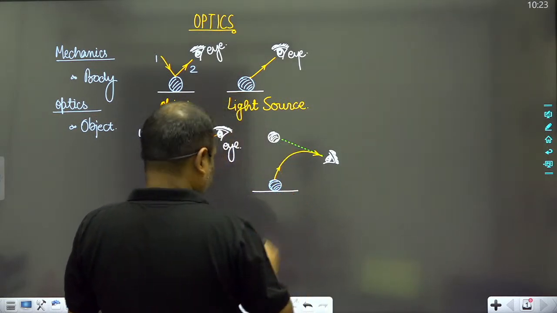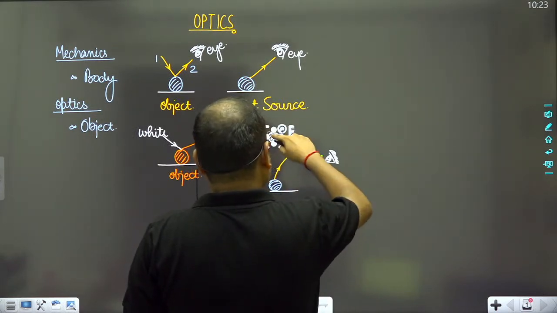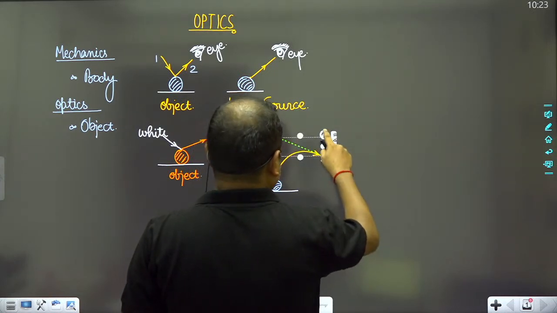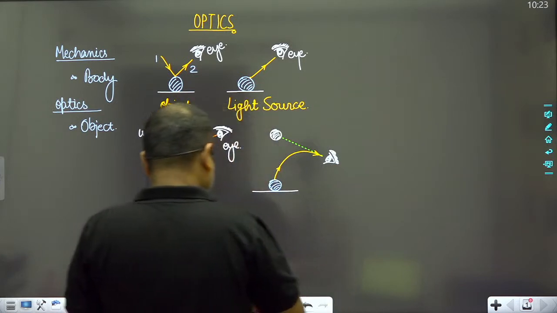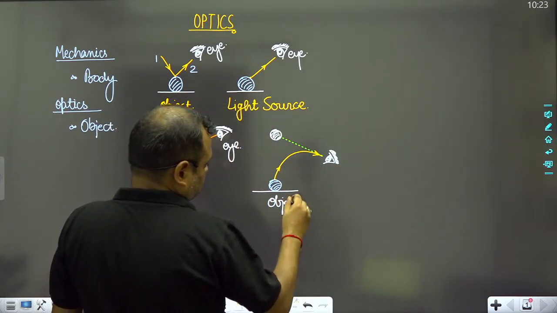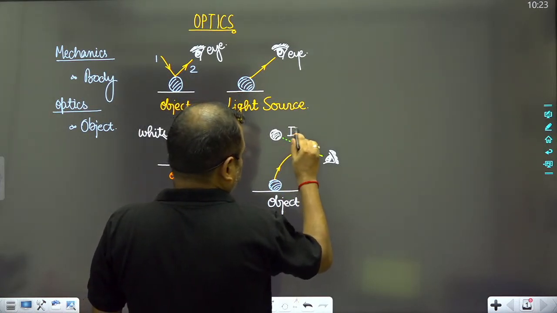Okay, so this is an object, this is an object actually, and this is an image.